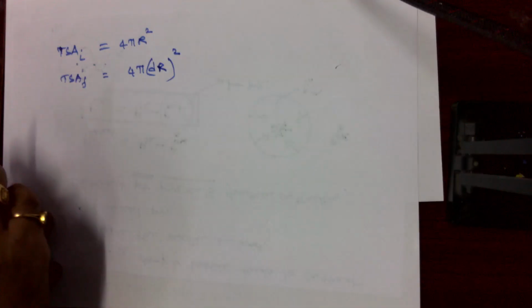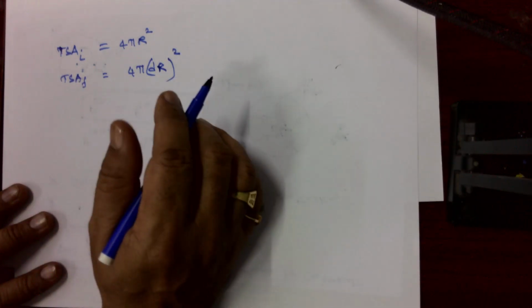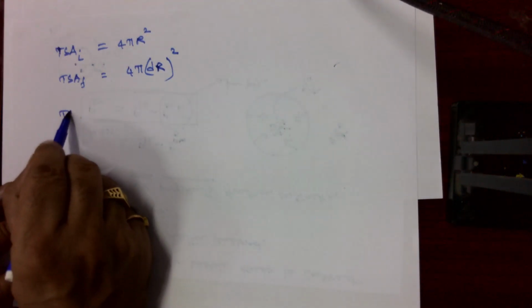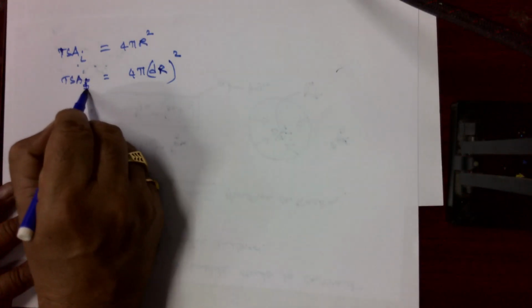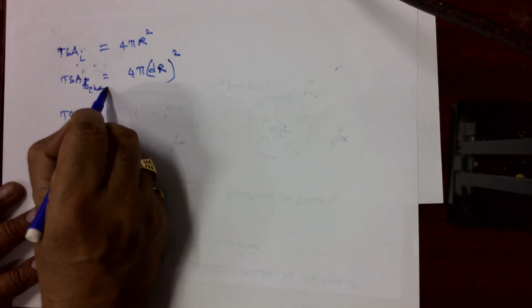Now the final surface area of the liquid drop. Take down the final surface area of the liquid drop: you can add these two. So TSA after adding. This is the small change.